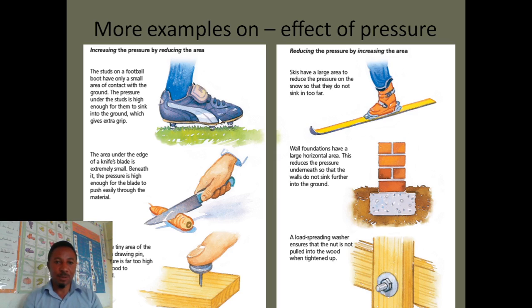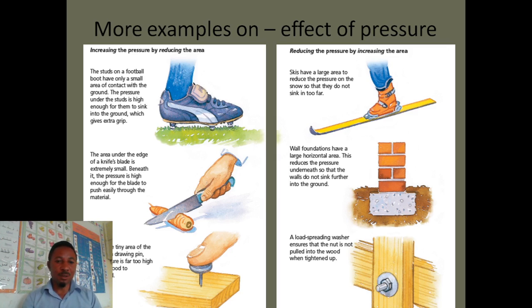For a stud, footballers usually use studs so that they can have a good grip. They keep running here and there to kick the ball, right? So they need a firm grip on the ground. The stud can pierce the ground because it has a small surface, so it can penetrate.